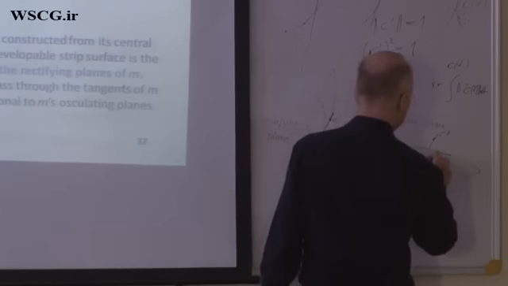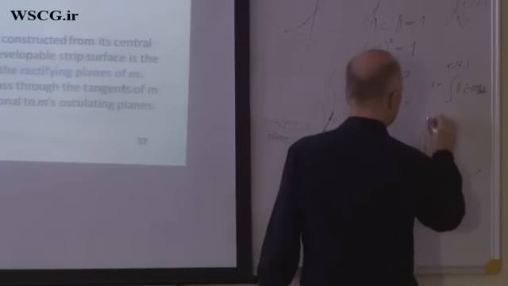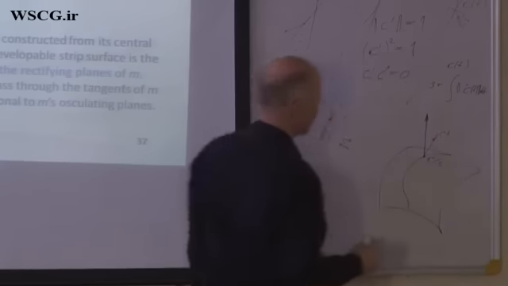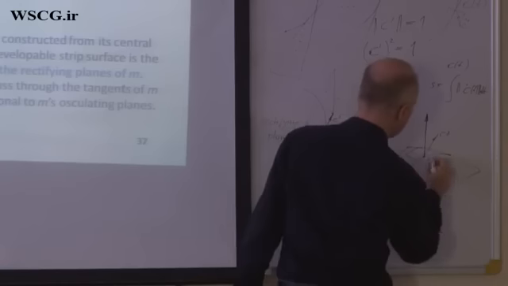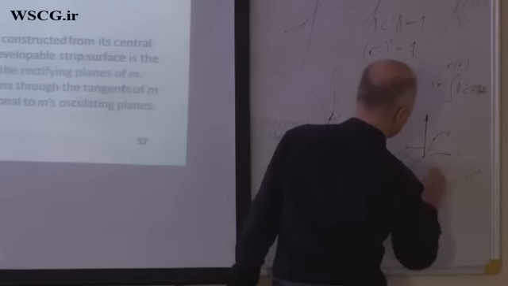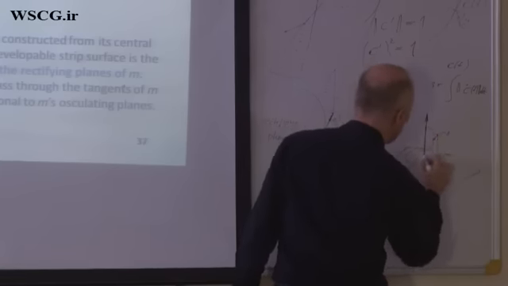So here we have the surface normal, and here was somewhere the tangent plane, and the vector has some component tangential and some component normal.